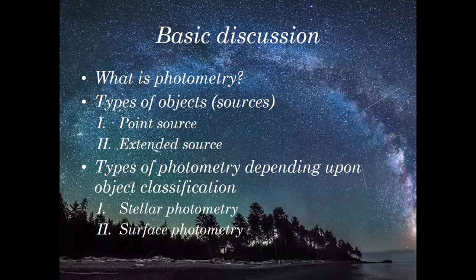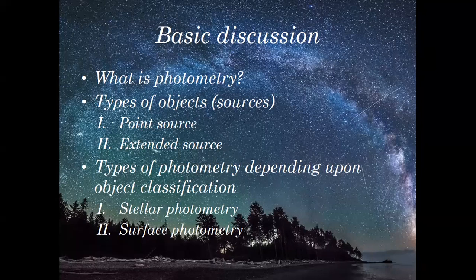You may unmute yourselves and keep this session interactive. Am I audible? Yes, sir. You are audible. Mostly when you see the stars in the night sky, they are point sources. But when you're looking at a galaxy in the night sky, it's not a point source, it's an extended source.